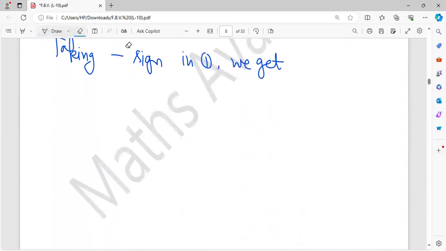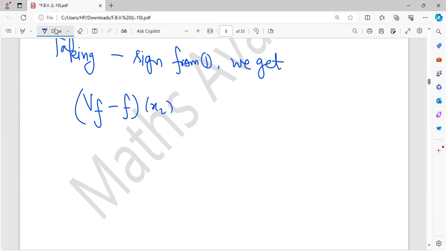Okay. So take the negative sign from 1. We get V_f minus f at x2 minus V_f minus f at x1 is greater than or equal to 0.